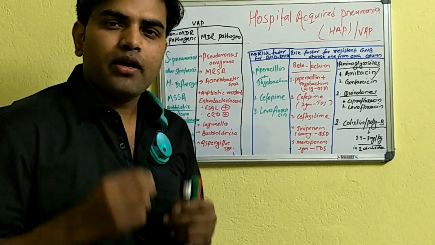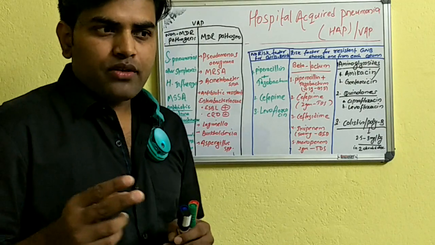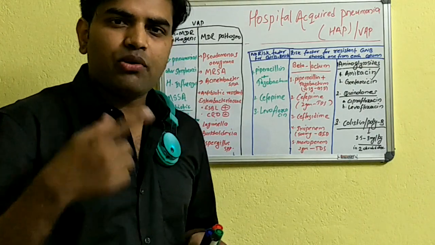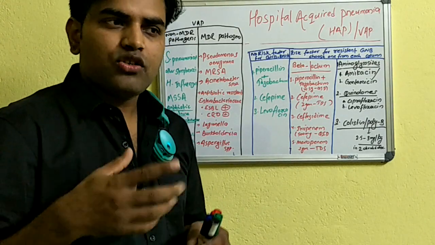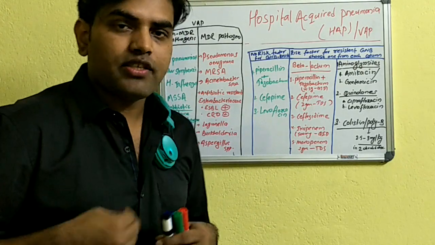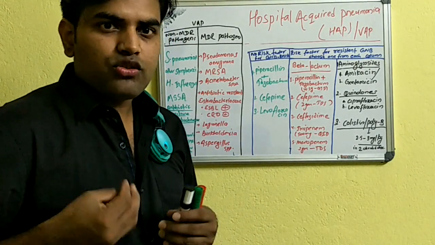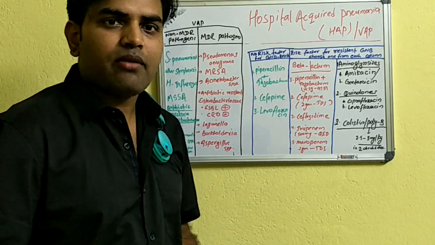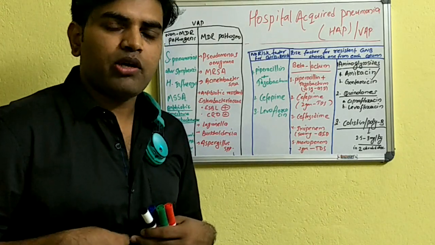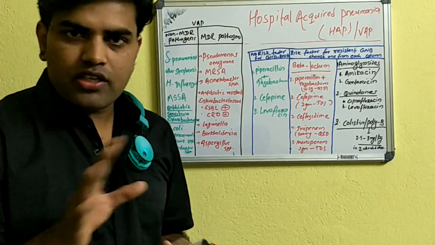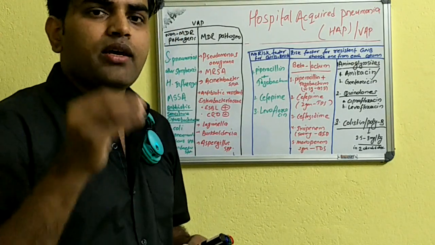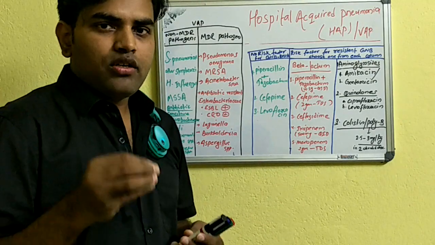One concept you should understand is about aspirating gastric content. The stomach pH is 2. Except H. pylori, which has the property to release ammonia around it and so survives, other organisms cannot survive in the acidic pH. So there is no chance that intestinal bacteria will overgrow in your stomach and then be aspirated, unless you are using pantoprazole or any PPI.